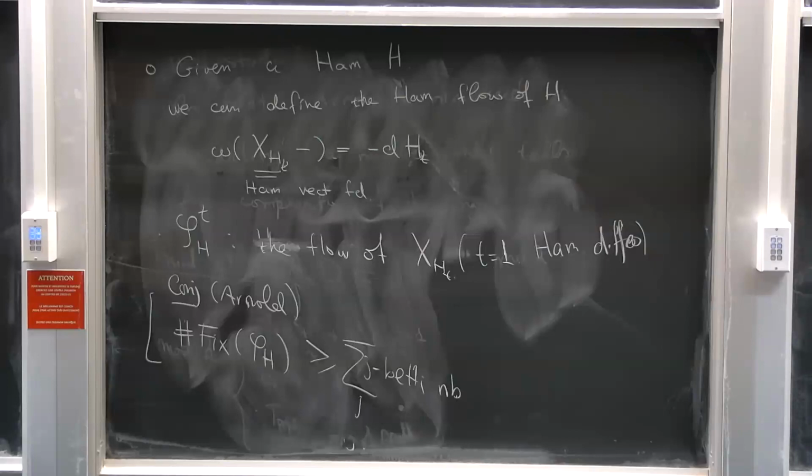And then the differential of this complex is defined by counting the number of gradient or anti-gradient trajectories from one critical point to the other.